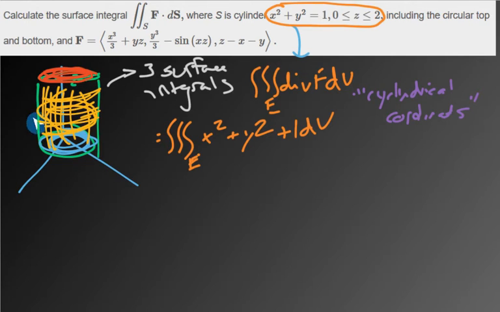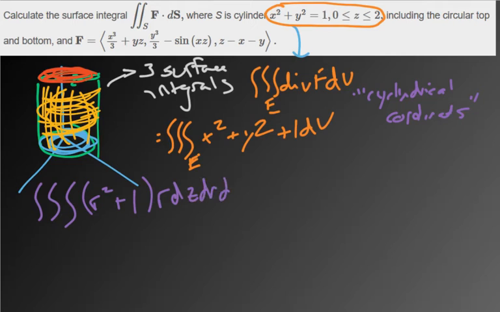The problem is a cylinder that we're integrating over, so it's definitely a good setup for cylindrical. This part would become r squared in cylindrical. So if I switch to cylindrical, I'm going to have r squared for the x squared plus y squared, plus 1 still. And then I have an r dz dr d theta as my Jacobian.